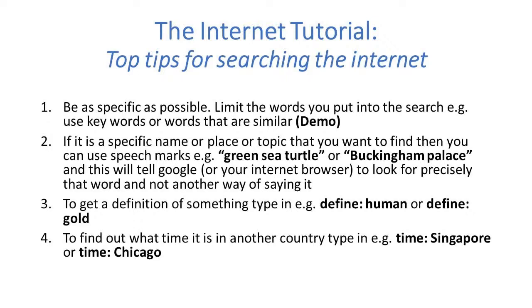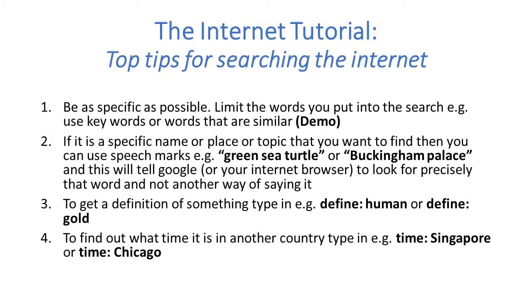In actual fact, the browser itself is something we call a very large search engine. A search engine is a facility whereby you can go in and search the whole internet in this particular way. So I'll demonstrate that for you.